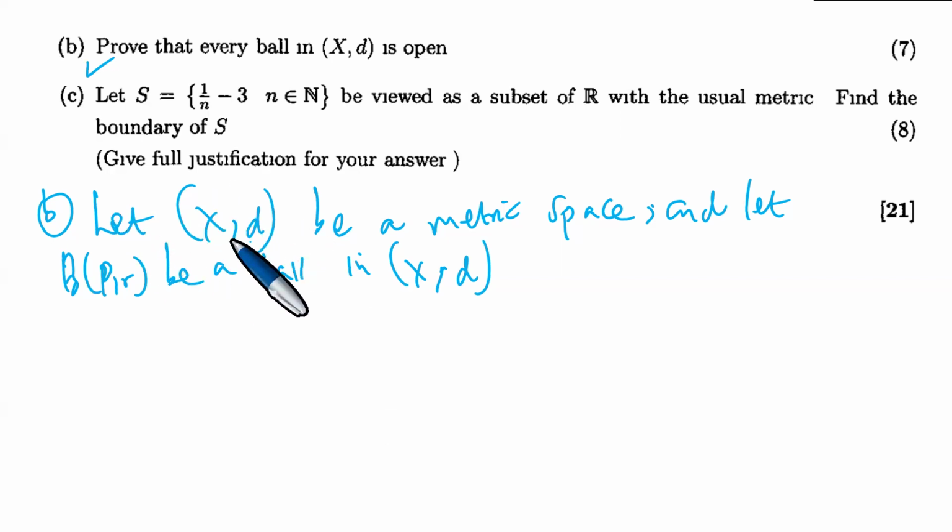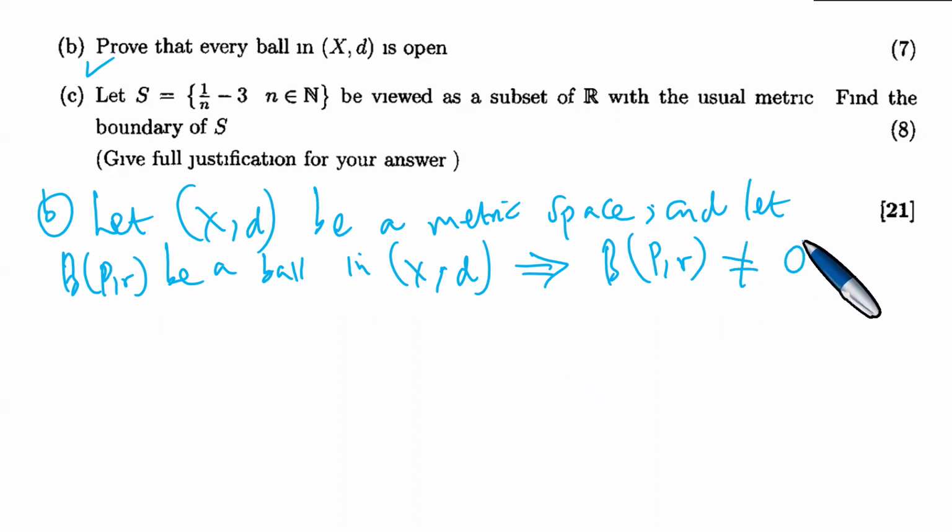So you let (X, d) be a metric space and let B(p, r) be a ball in (X, d). What is the meaning of this? This implies that this open ball we have defined so many times, of center p and radius r, is non-empty.